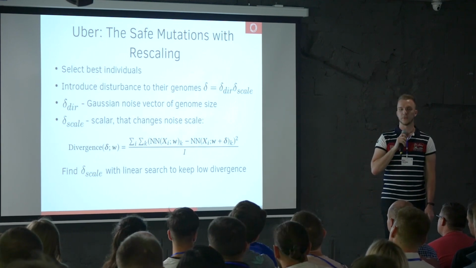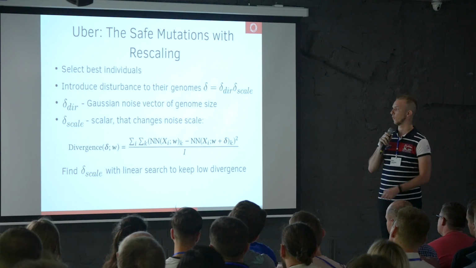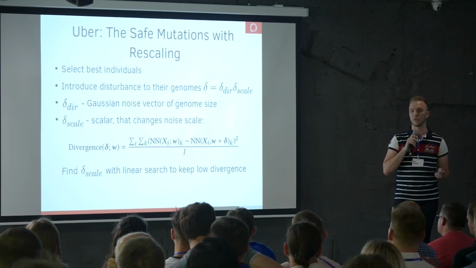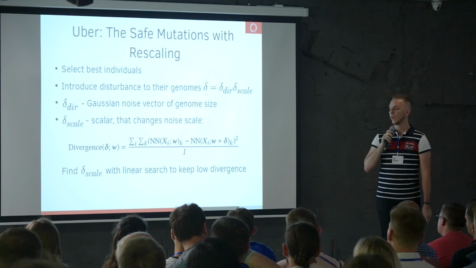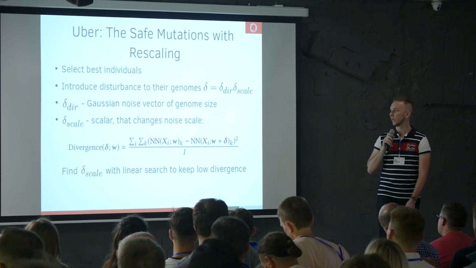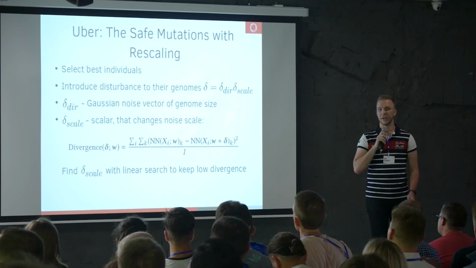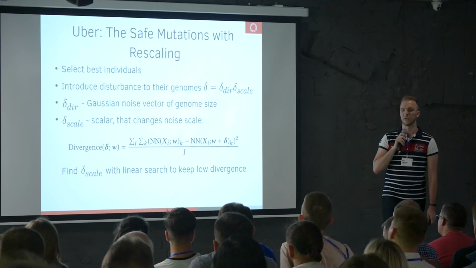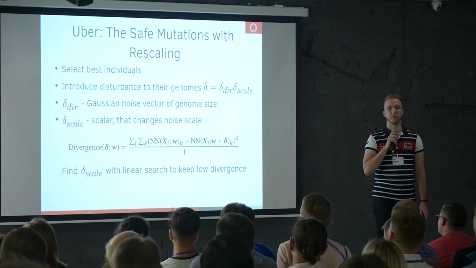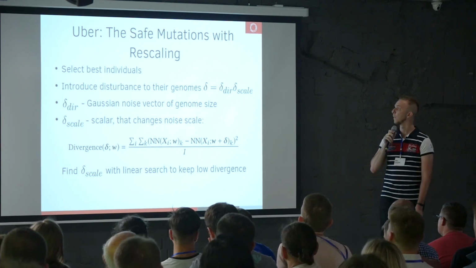And then we calculate for each of them their divergence from the parent neural network, so disturbed and undisturbed neural networks. And then with just linear or binary search, we find how to make this divergence small enough that we don't disrupt the behavior of the agent in the environment.